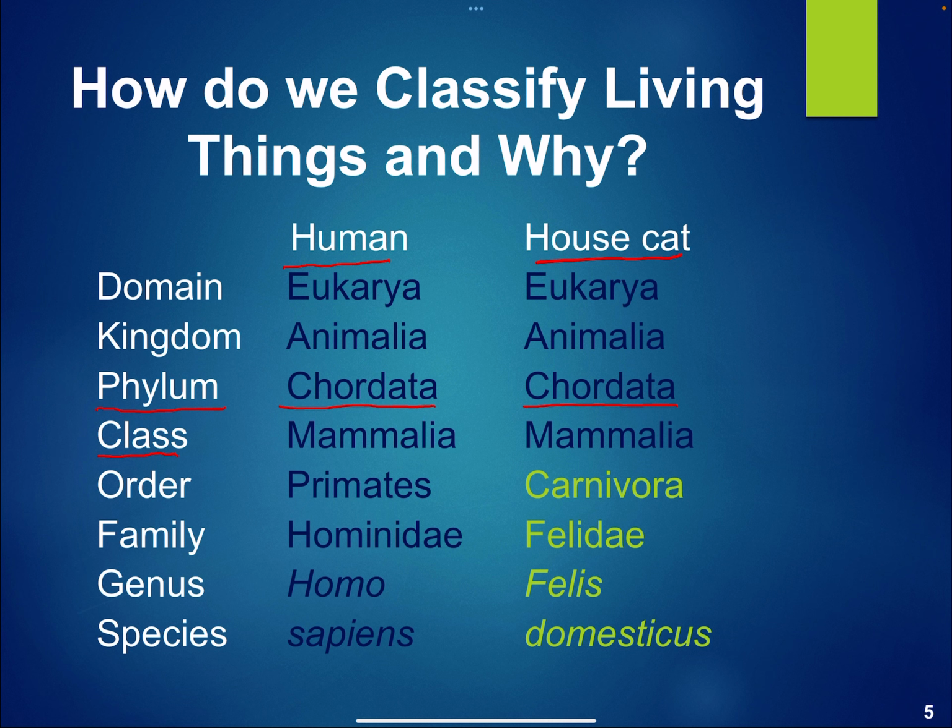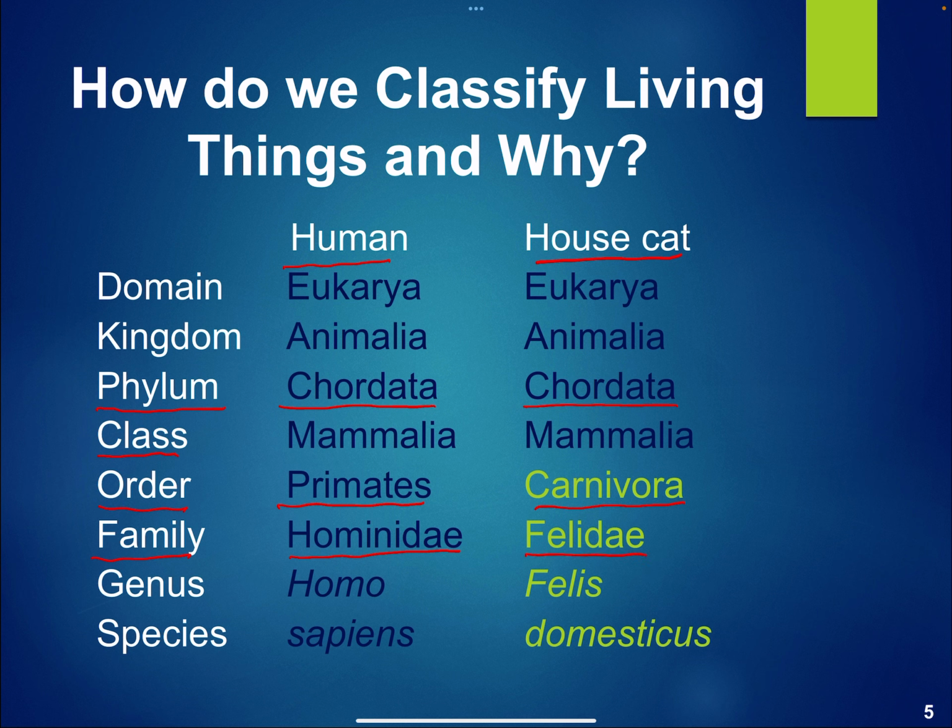Now, we are going to start seeing some differences when we dive into the order. In the order, humans are primates, while house cats are Carnivora. In families, we are going to see further differences. Humans are part of the Hominidae family, while house cats are part of the Felidae.